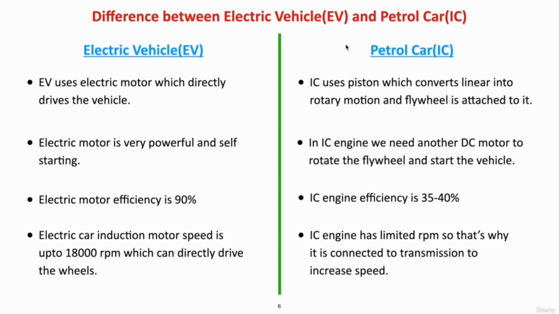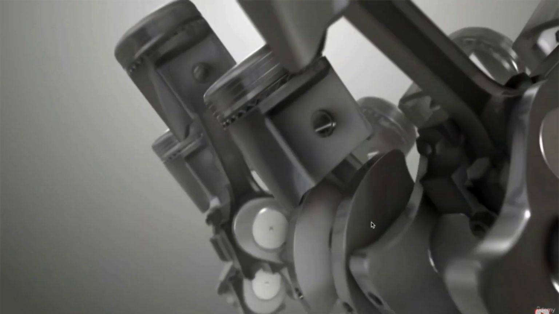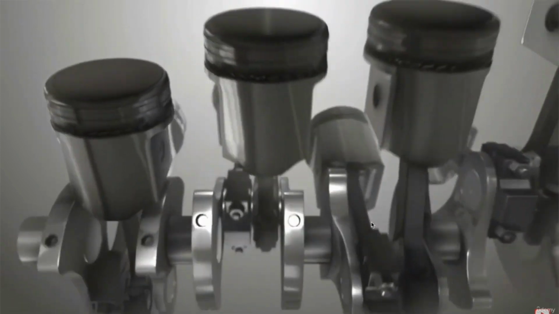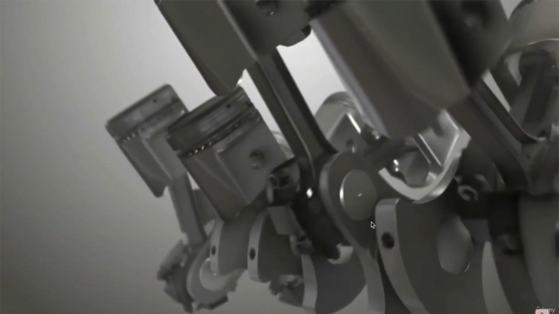So here is a brief comparison. The first one is electric vehicles and the second one is petrol car, or IC engine, which is your internal combustion engine. EV uses an electric motor which directly drives the vehicle, whereas in IC we use pistons which convert linear into rotary motion, and a flywheel is attached to it.